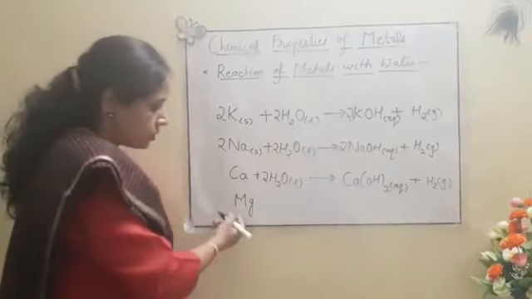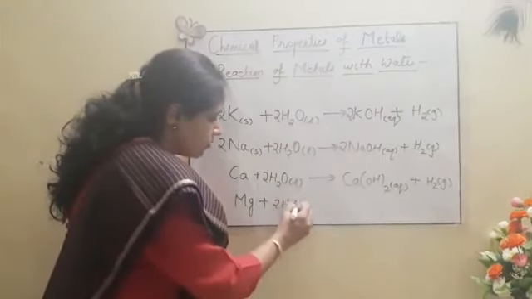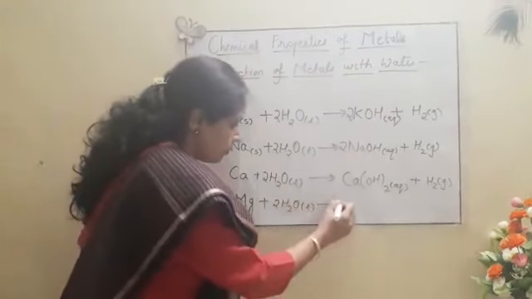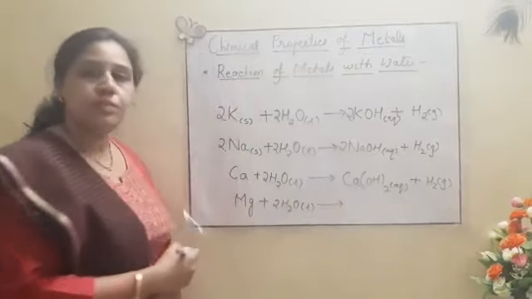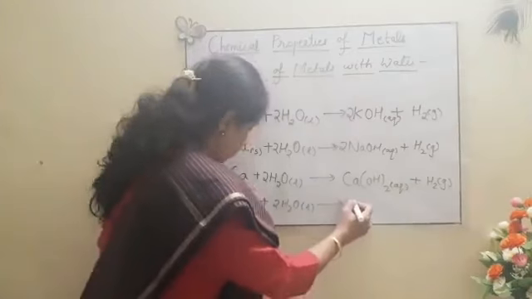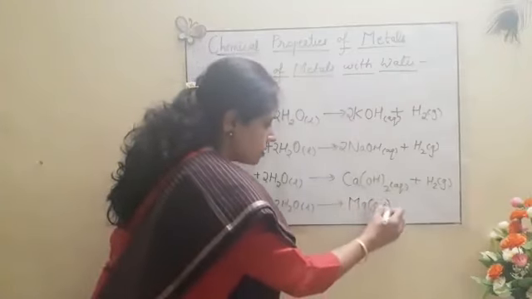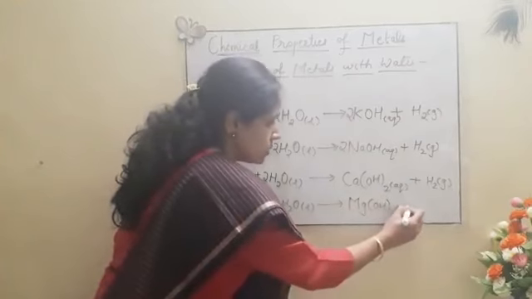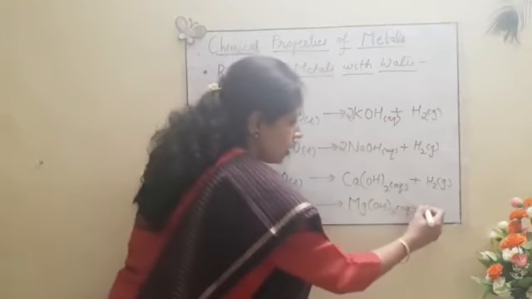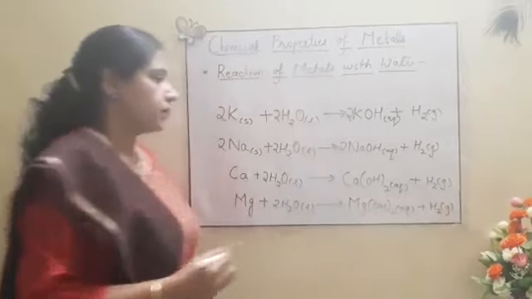Similar reaction will be with magnesium. The balancing also will be same because calcium and magnesium both have valency 2. Formula will also be similar for their hydroxides, Mg(OH)2 in aqueous form, and hydrogen gas will be liberated.